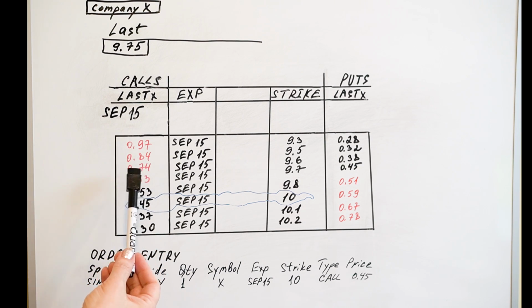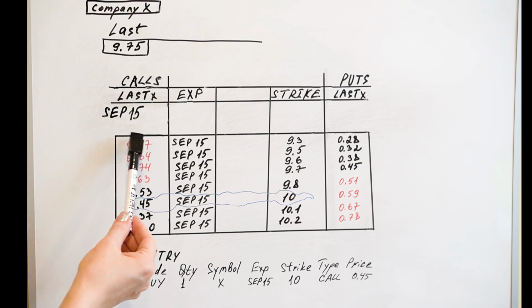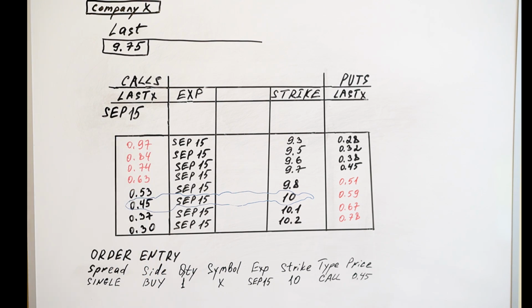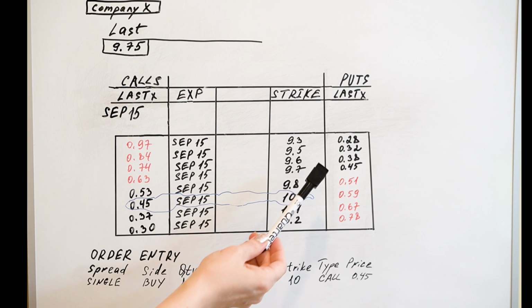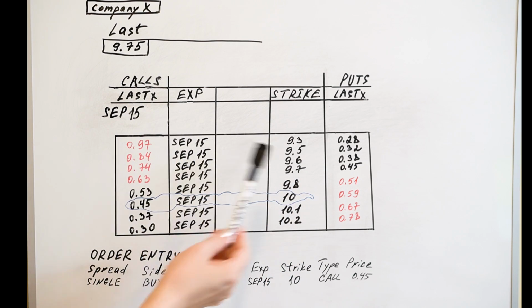You can ask why some are in red. In red I indicated the options that are ITM, which means, as you remember, in the money options. You see the price is 9.75 and the strike price is 9.3 in this line.